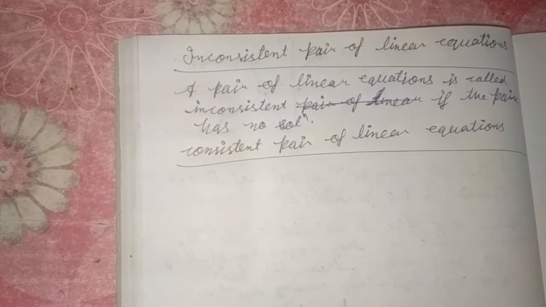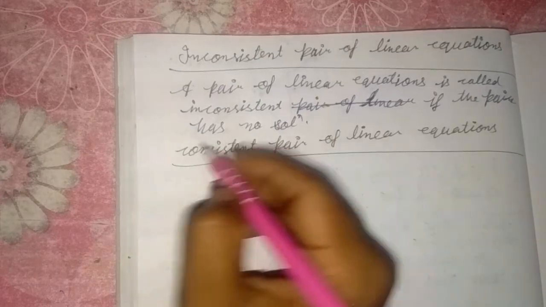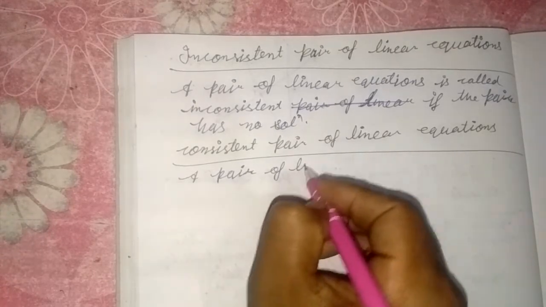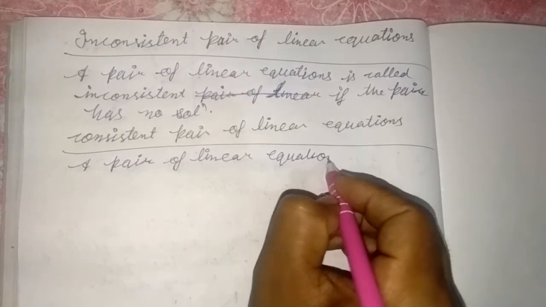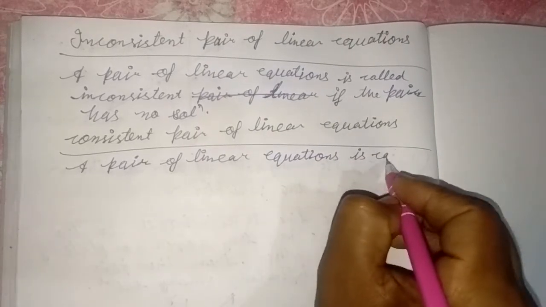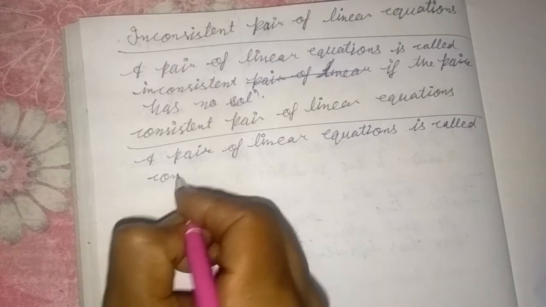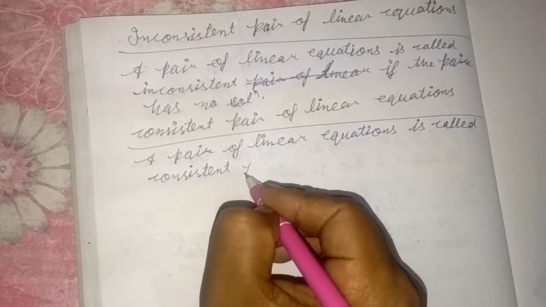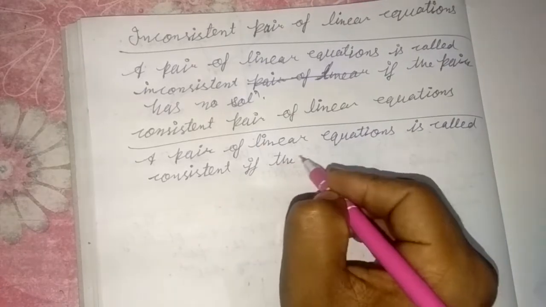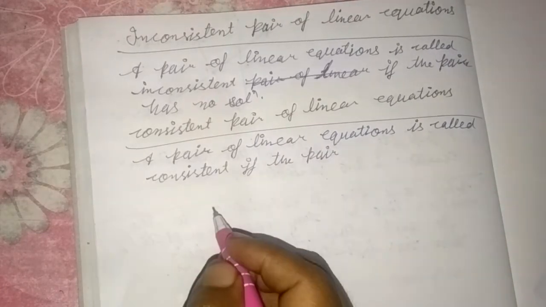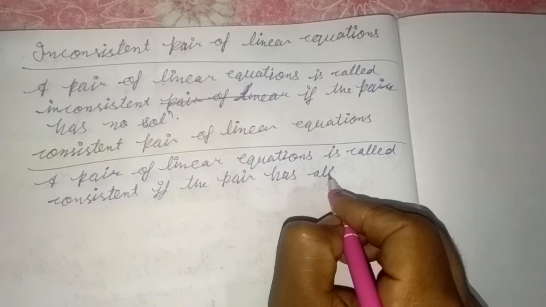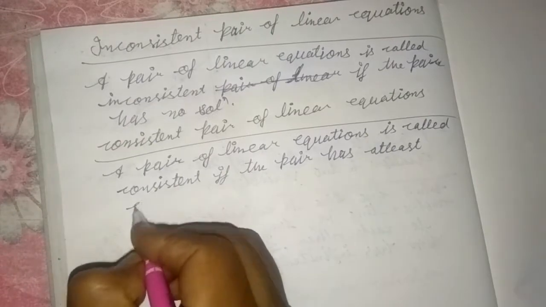So we write in this: a pair of linear equations is called consistent if the pair has at least one solution.